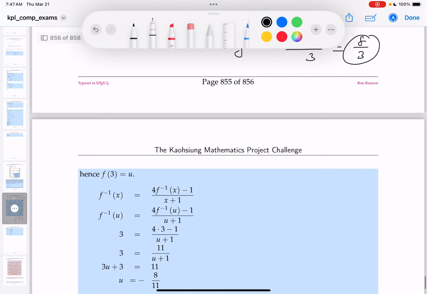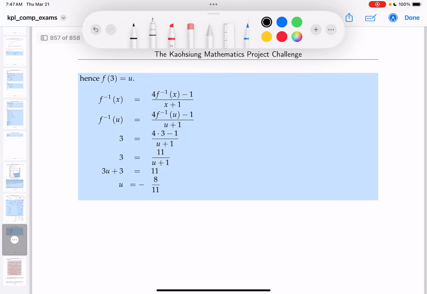Another way of doing it, I want to go through that with you, is to simply say, in the relationship, they want to know what f of 3 is. I'm going to say, I don't know what that is. I'm going to call it u, some value. If that's true, f inverse of u would be equal to 3.